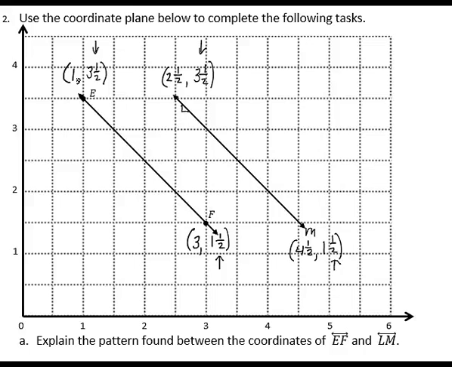Another pattern I see is if I look at the x coordinate on E, it is 1. The x coordinate on L is 2 1/2. So those numbers are 1 1/2 apart from each other. And if I look at the x coordinate on F compared to the x coordinate for M, I go from 3 to 4 1/2. So those coordinates are 1 1/2 units away from each other too. So there are some patterns to be found between corresponding points on those parallel lines. And those patterns are easier to find when we plot those lines on a coordinate plane.